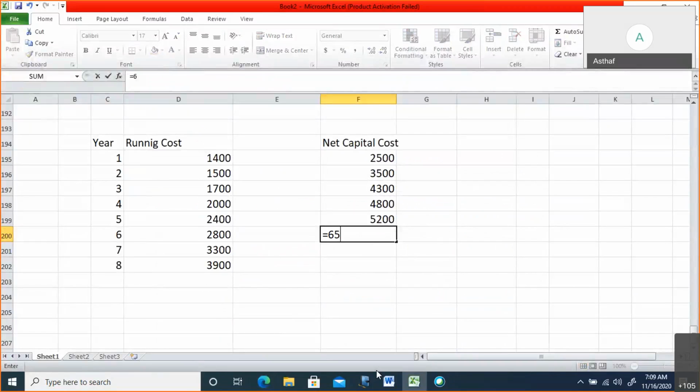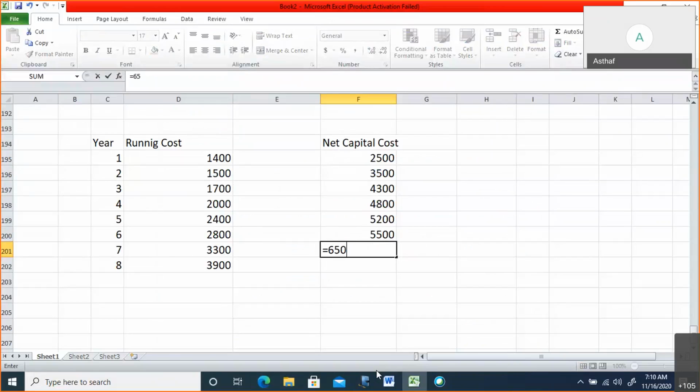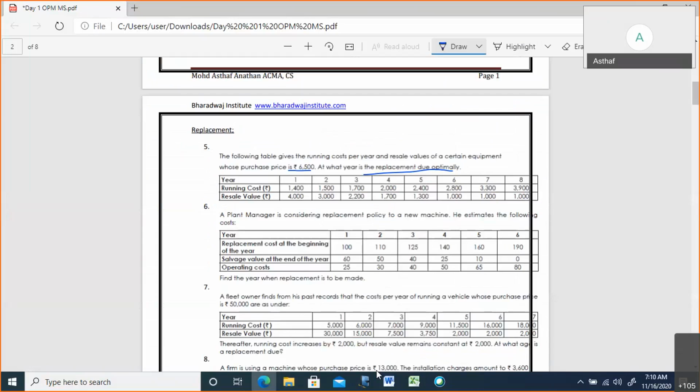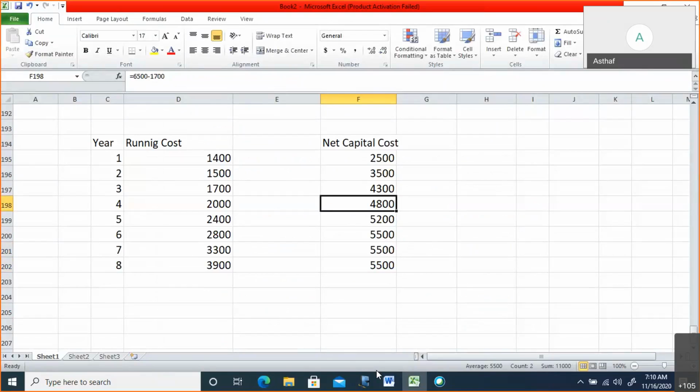Next year, 6,500 minus 1,000. 6,500 minus 1,000.